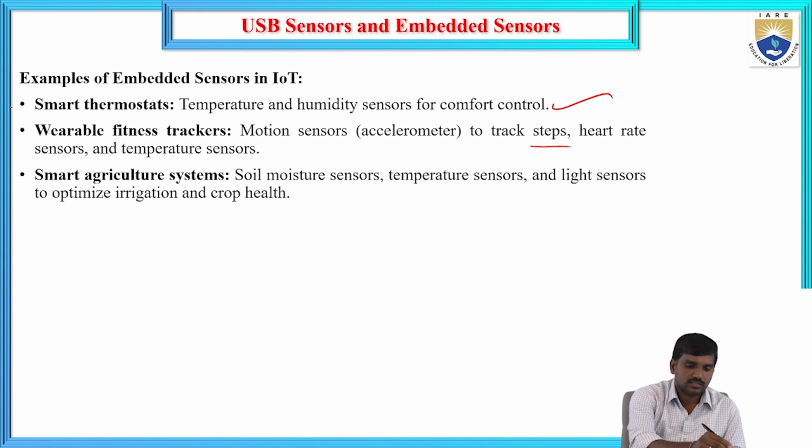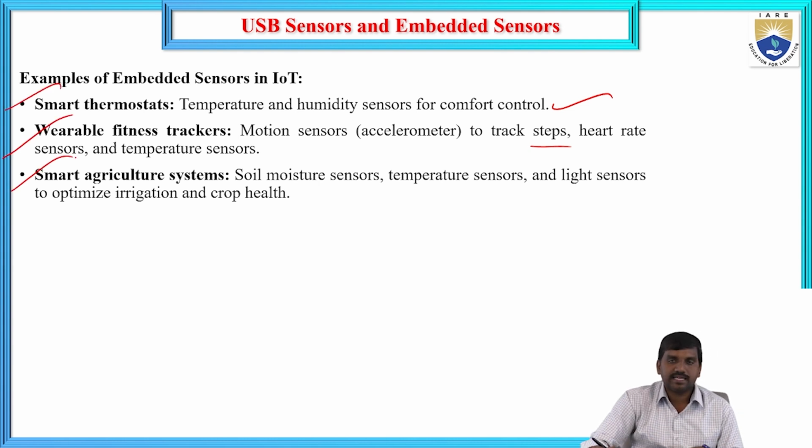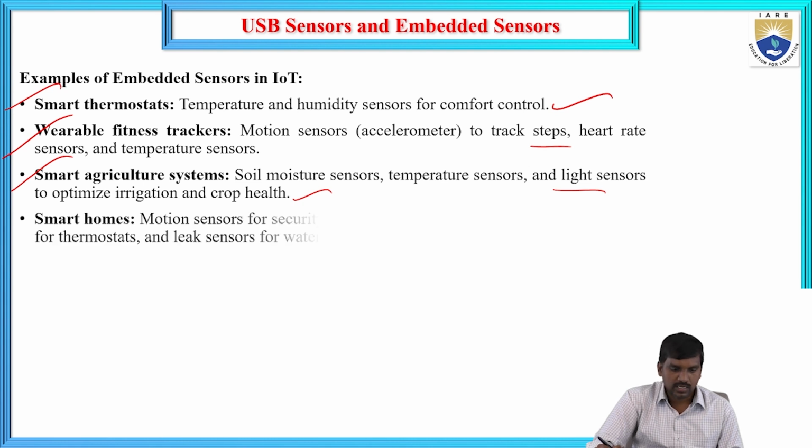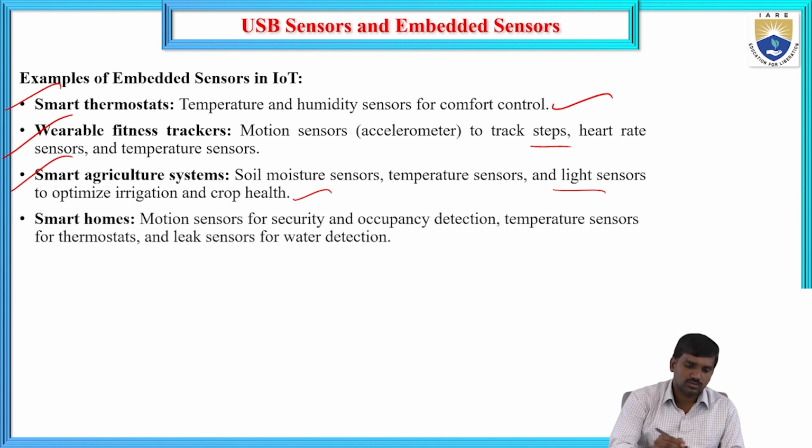The third one, smart agriculture systems: soil moisture sensors, flood detection systems, forest fire detection systems, temperature sensors, and light sensors to optimize irrigation and crop health. And smart homes: motion sensors for security and occupancy detection, temperature sensors for thermostats, and leak sensors for water detection.